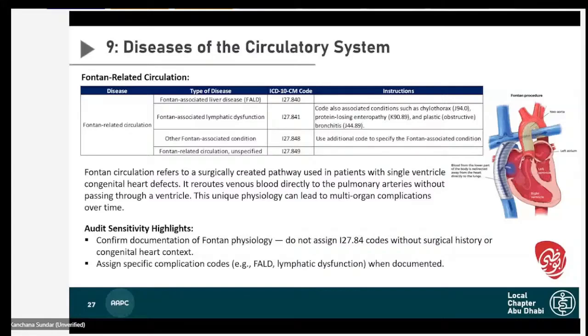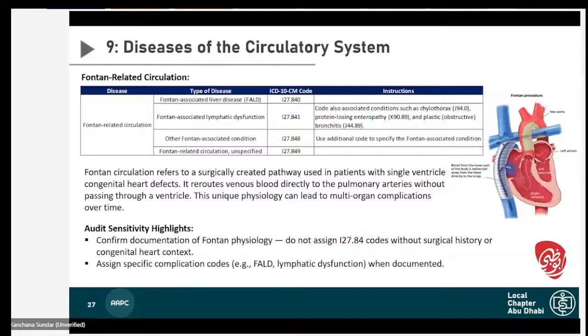So in this procedure they reroute the blood directly to the lung. They ignore the presence of the ventricle, or if it is not present, they take a reroute and route the blood into the pulmonary artery from the lower body parts. And this definitely saves the critical situation of the patient.